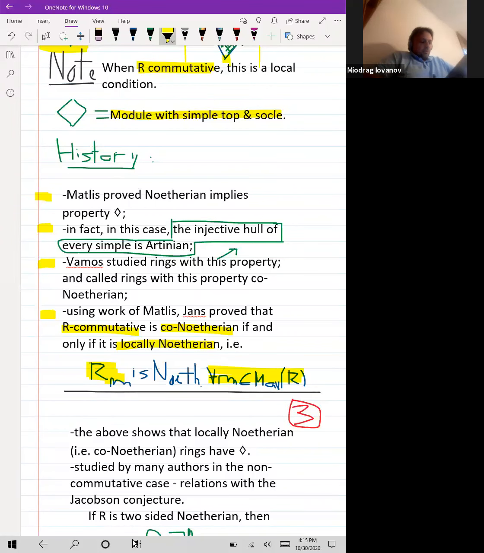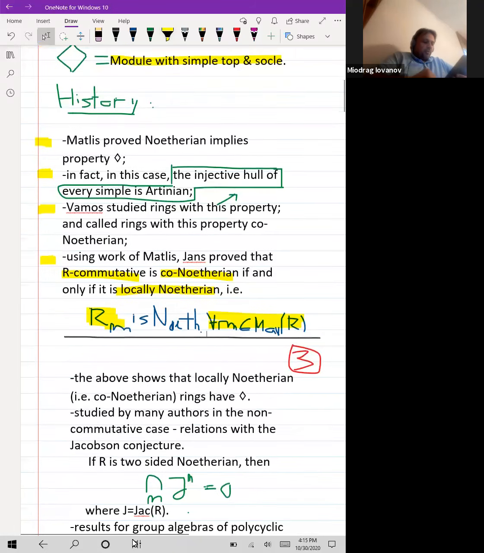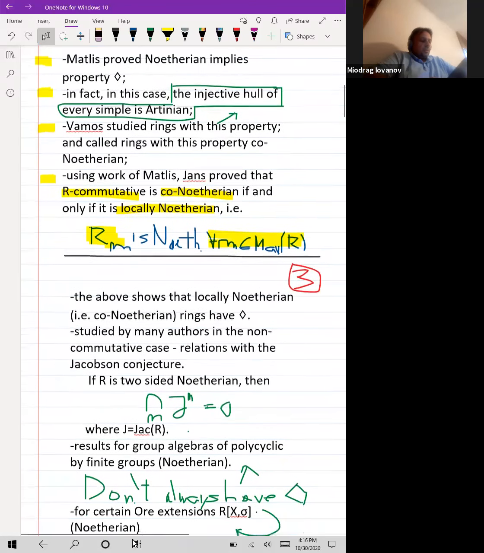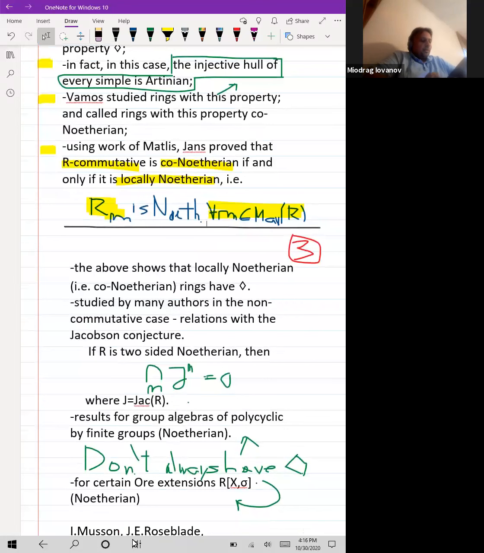That's kind of interesting. At least at first, when you learn about Noetherian rings and commutative Noetherian rings, you wonder what these local properties are, and this gives exactly what this means. Locally Noetherian means that the injective hulls are Artinian.